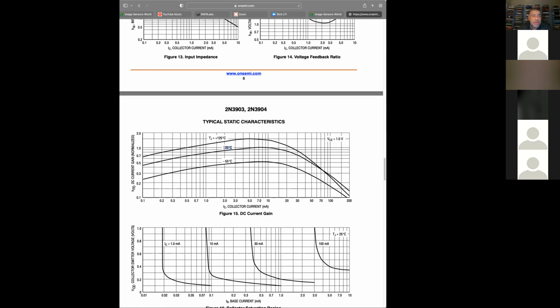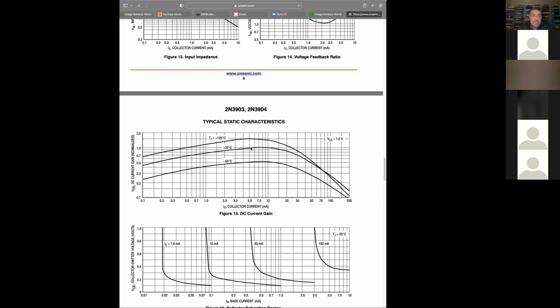So 25C is roughly room temperature, and 125C is pretty typical by the time your device itself is heating up. Like in a consumer application, the junction temperature of your device may easily be at 125C. So that's almost a 50% variation over those temperatures of beta, just as a parameter.